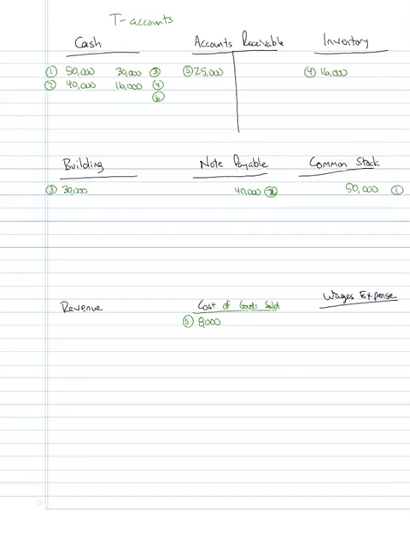So it's $33,000 of debits and $33,000 of credits, which come from a $25,000 credit to revenue and an $8,000 credit to inventory, recording the reduction of inventory for the half that we've sold.